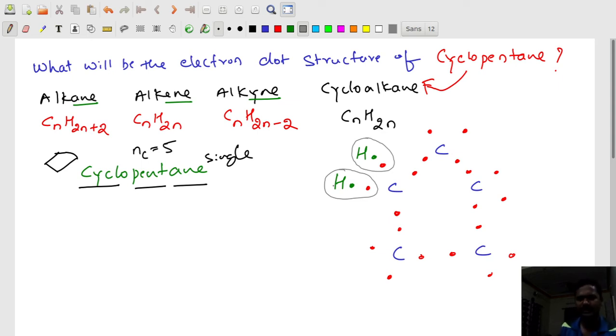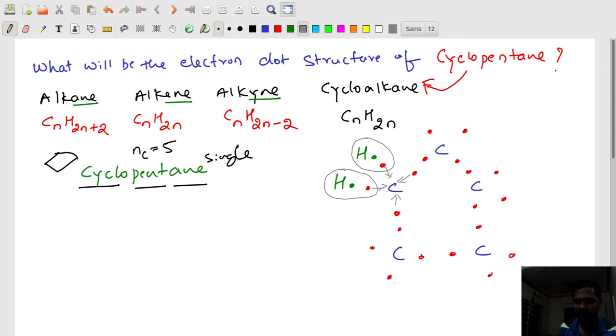Now both the hydrogen atoms have completely filled orbits. Next, take this carbon. It has 4 valence electrons in its orbit. The tendency of carbon, like any other atom, is to have a completely filled orbit.